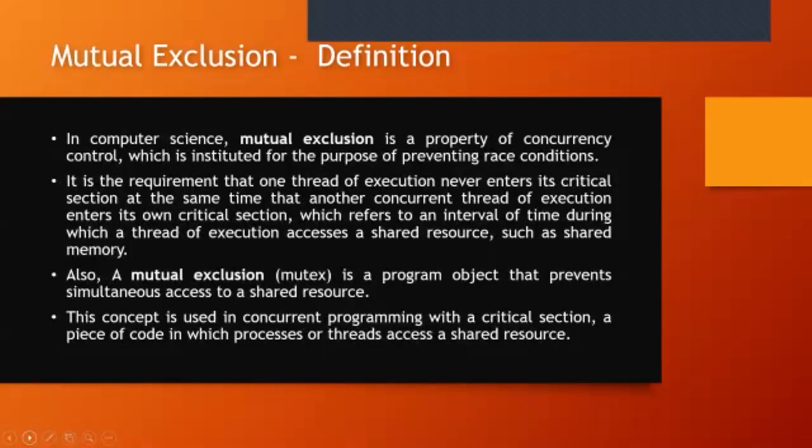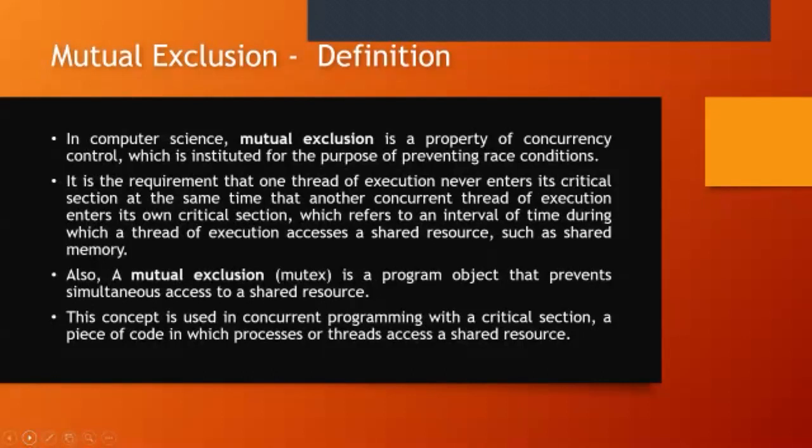So that is why it is mentioned that it is the requirement that one thread of execution never enters its critical section at the same time the another concurrent thread of execution enters. It refers to an interval of time during which a thread of execution accesses a shared resource such as shared memory.